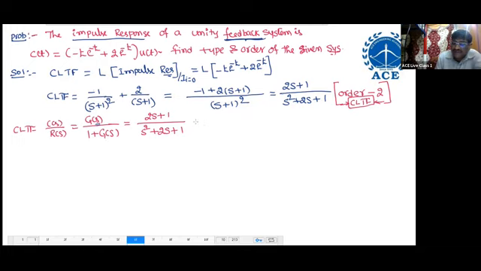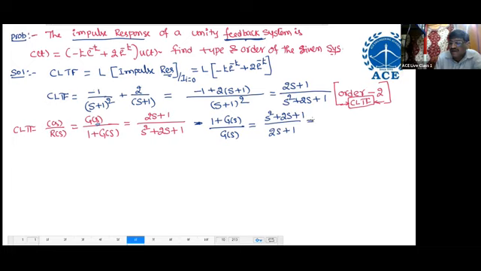So from this, simplify. Take the inverse of the ratio. That means (1 plus G of S) by G of S equals (S square plus 2S plus 1) by (2S plus 1). This can be written as 1 by G of S plus 1 equals (S square plus 2S plus 1) by (2S plus 1).